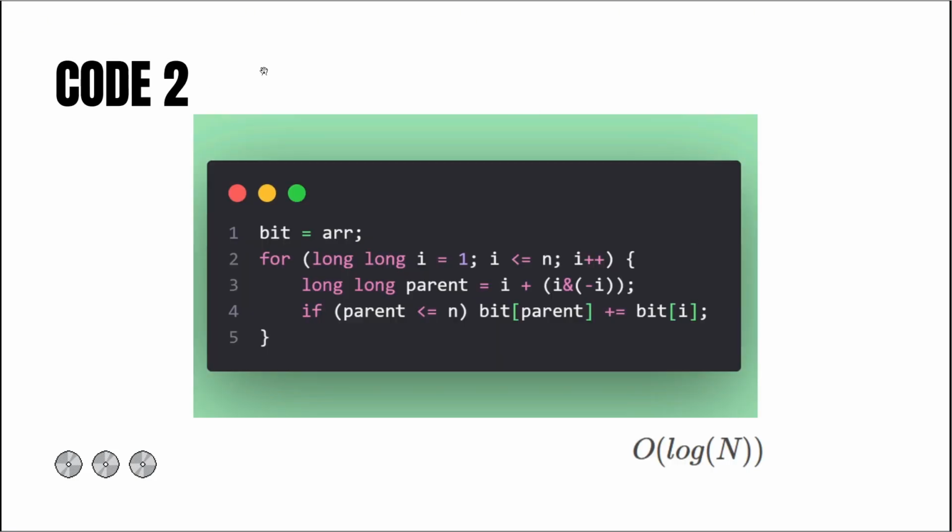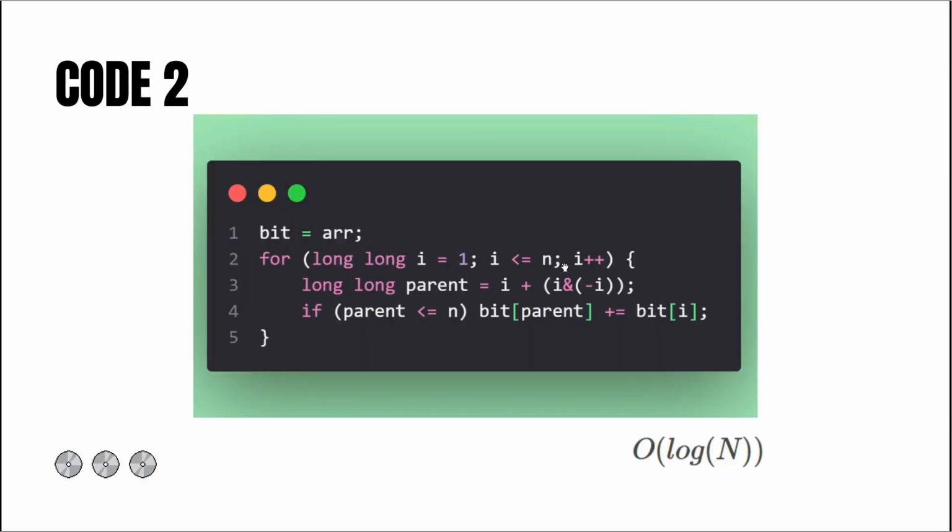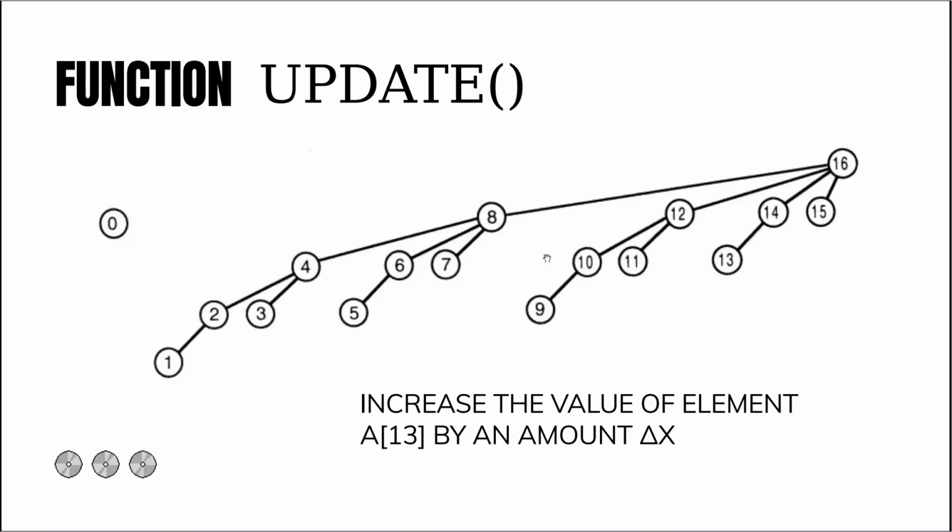Okay, this is the code for the update function. You can see the parent is similar to the index in the first code. So the parent moves to the next index, and I will continue here and next. You understand?